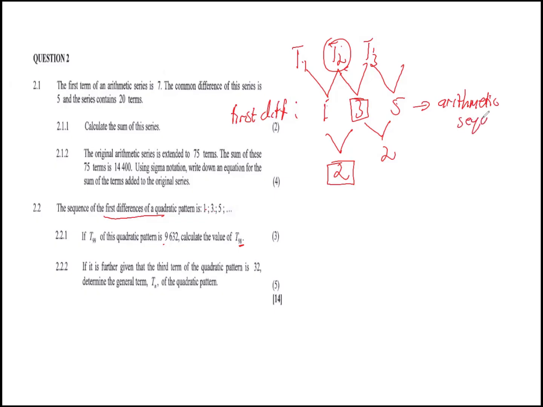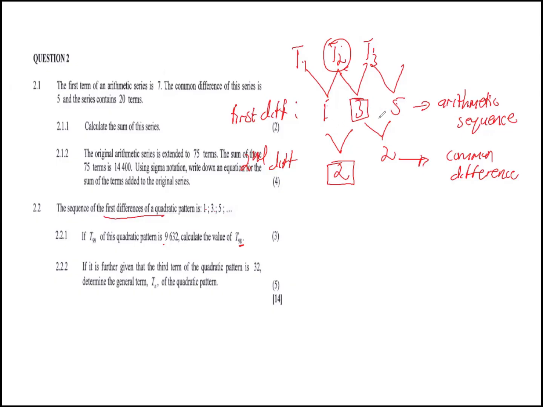The first difference of your quadratic pattern is actually an arithmetic sequence, and the second difference you are seeing here is what we refer to as the common difference in an arithmetic sequence. So always note that when they bring about a quadratic pattern, it is usually to hide the arithmetic sequence, right?